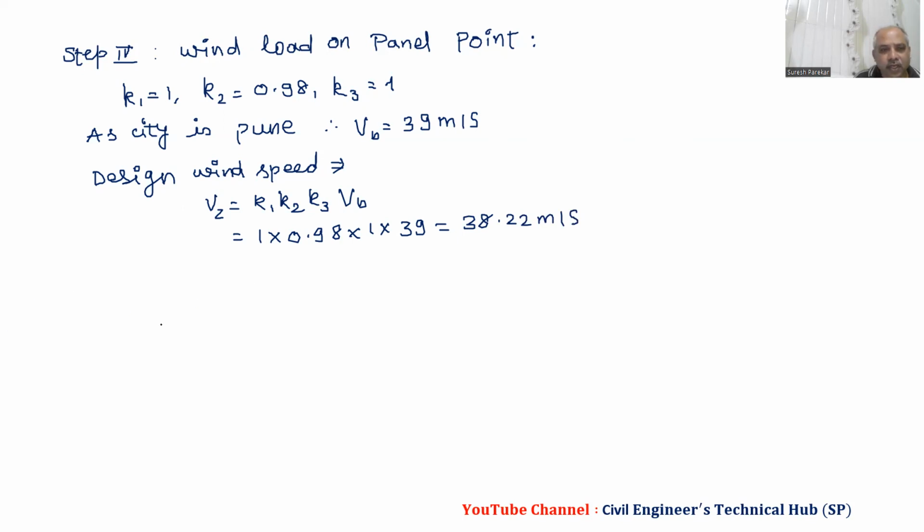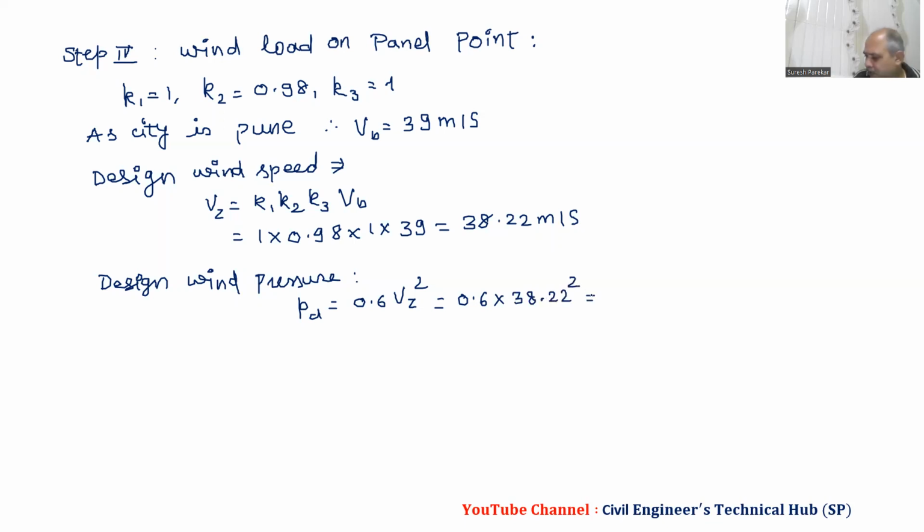Now design wind pressure PD is equal to 0.6 Vz square, so 0.6 into 38.22 square, and we have the value 876.46 Newton per meter square.